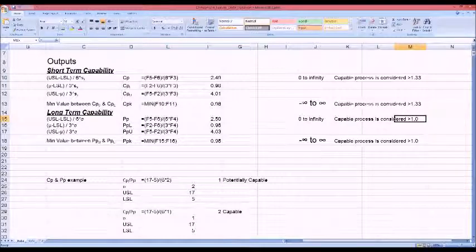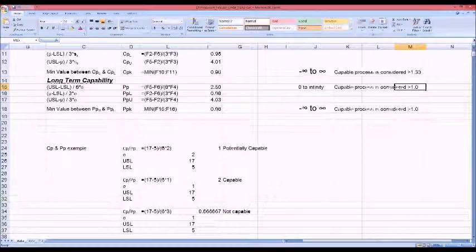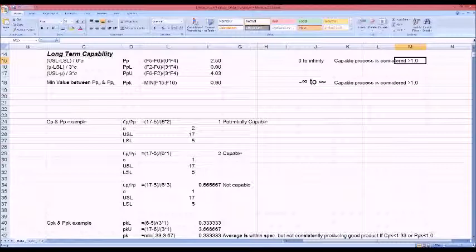So let me give you some visuals of what this actually means. Let's run through an example. First, let's talk about just pure capability, CP and PP. In this example, I'm going to give you an upper spec limit of 17, a lower spec limit of 5, and a standard deviation of 2.